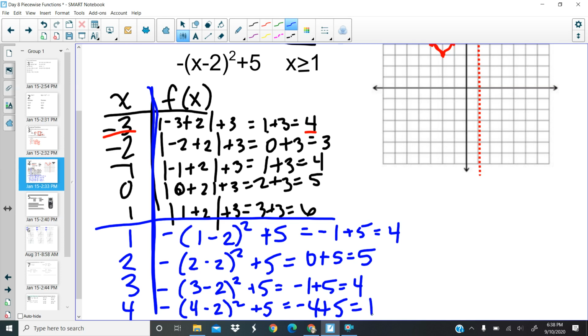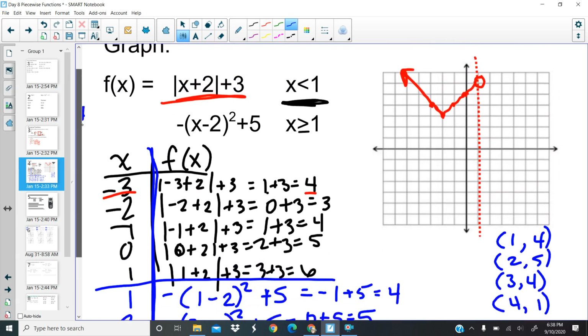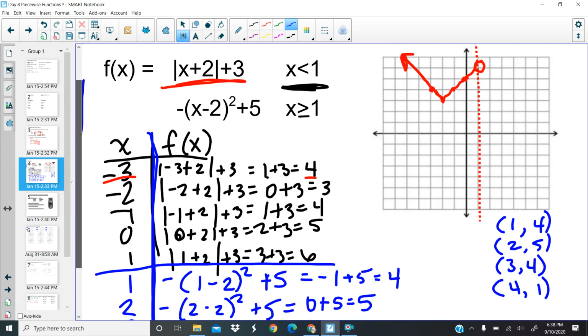So the points that I got from that, and I'm just going to write them down so that I can scroll back up, are 1, 4, 2, 5, 3, 4, and 4, 1. So then I'm going to scroll up here, and I'm going to actually plot those points.